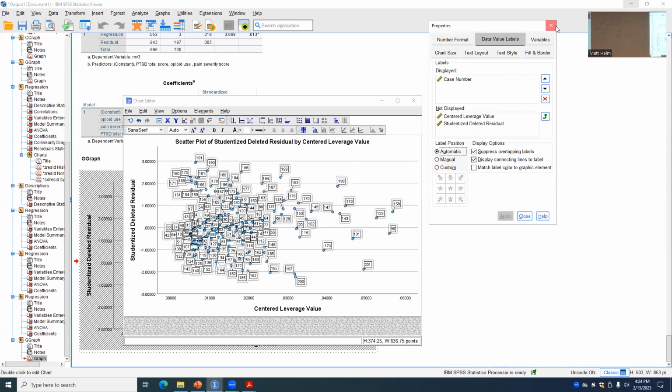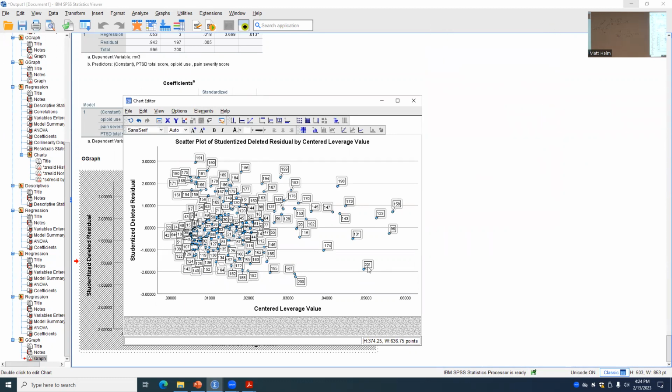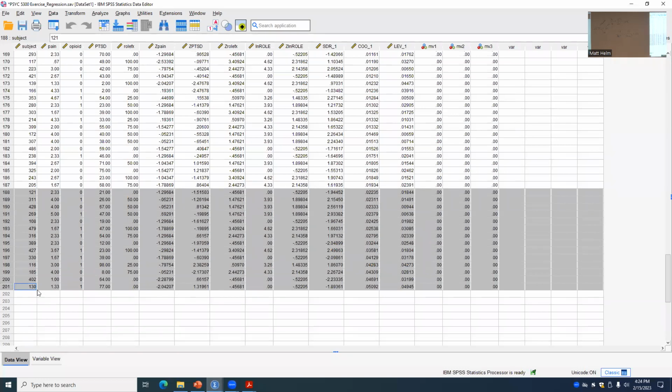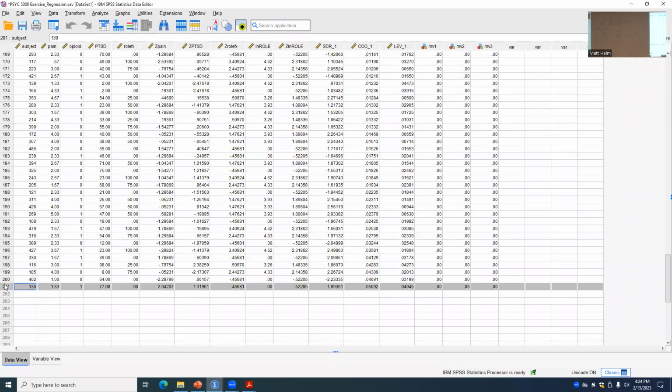That's when it'll blow up and toss those all over the place, right? So this is case, at least in my set, the way I have it set up right now, case 201. And so if I go back to my data, okay, this is case 130, right? So I can see that there, right?